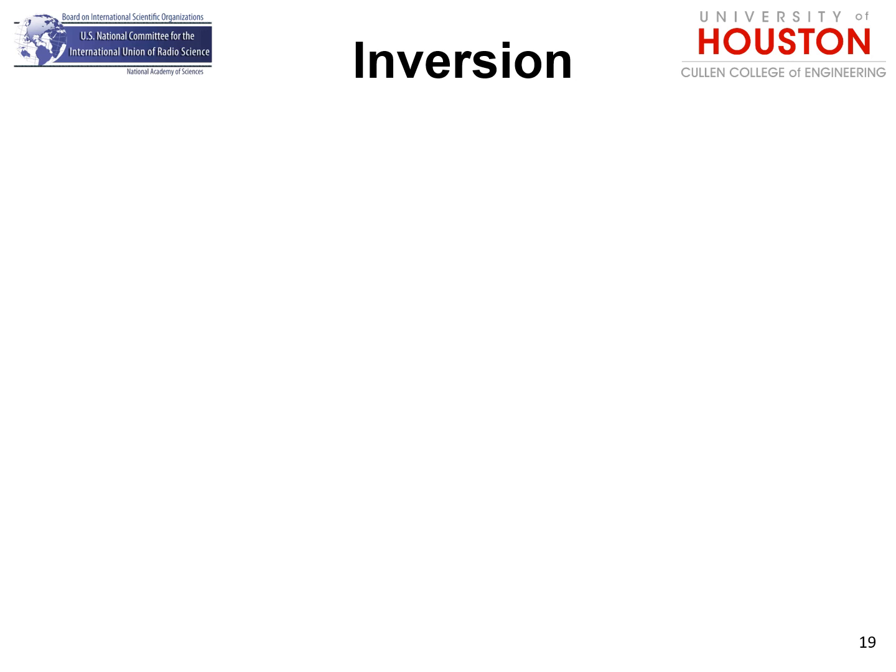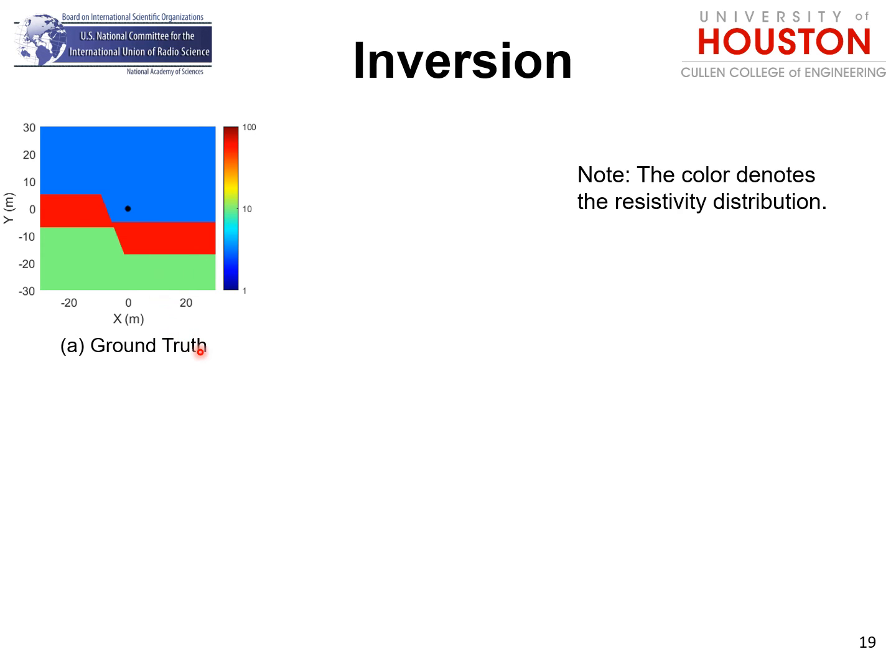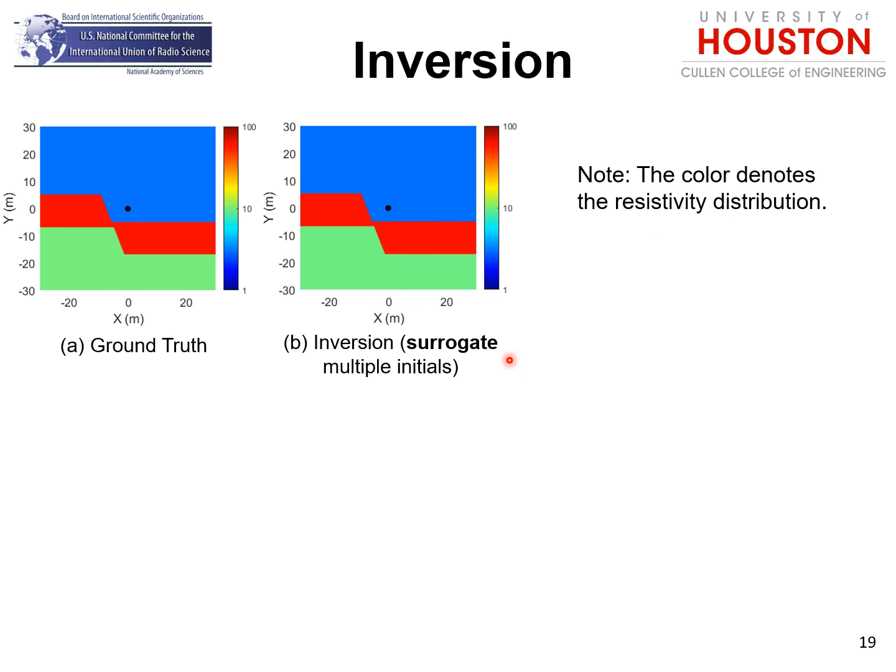Then we use the surrogate model to test the inversion. This figure shows the ground truth. It is the true model we used. The color denotes the resistivity distribution. This figure shows the inversion based on the surrogate model, and we can find they almost have the same distribution.